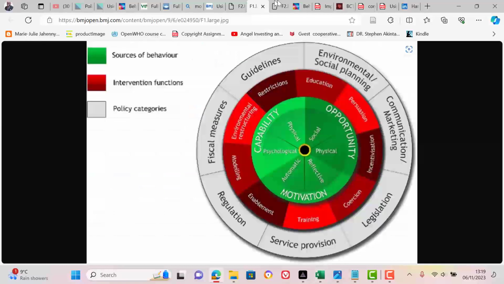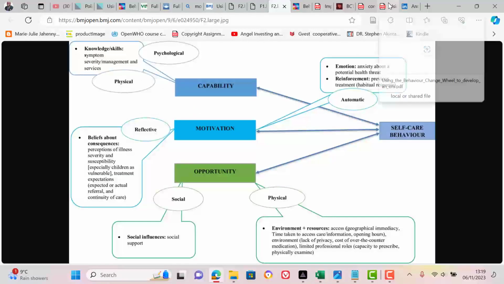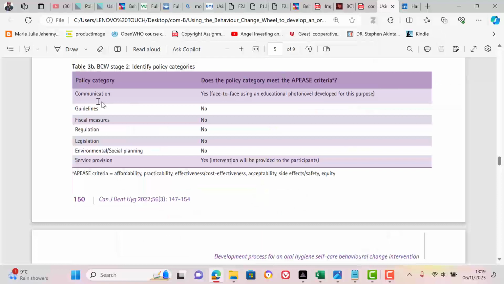So, like I said again, you use your APEASE criteria again. Which one can you do? You can see the author here, the team were able to select just communication and service provision as the ones they can do based on the APEASE criteria.